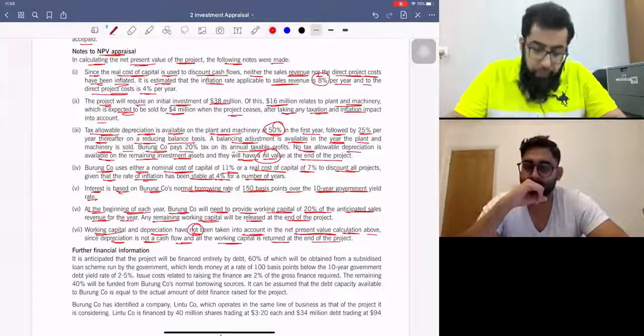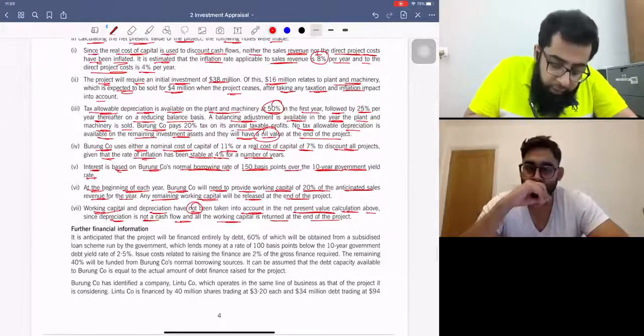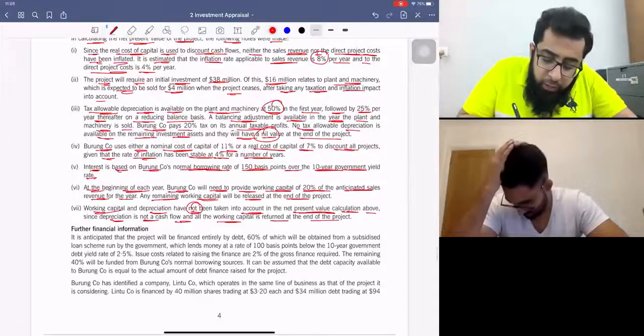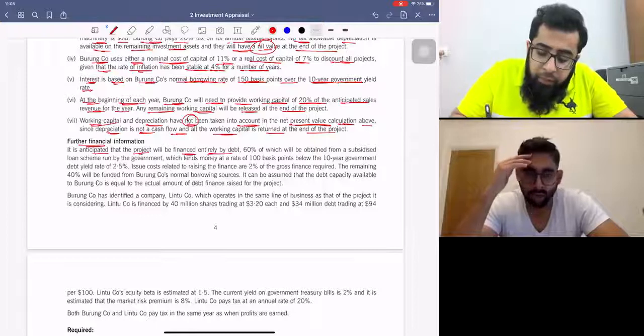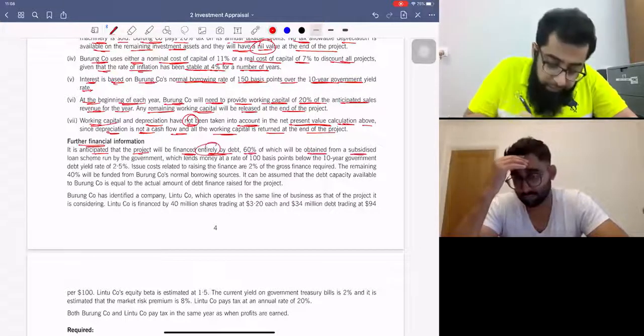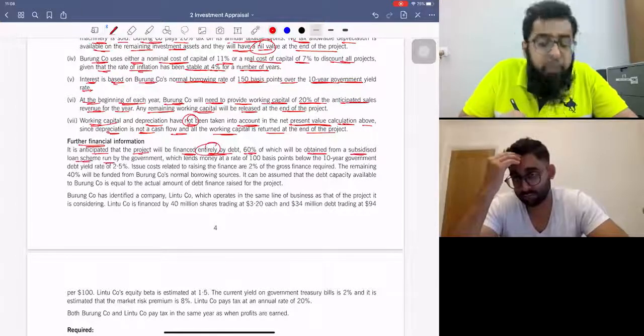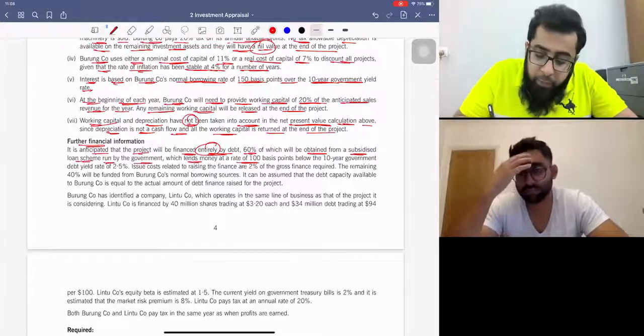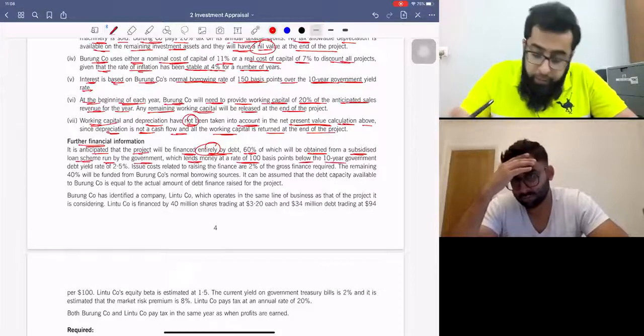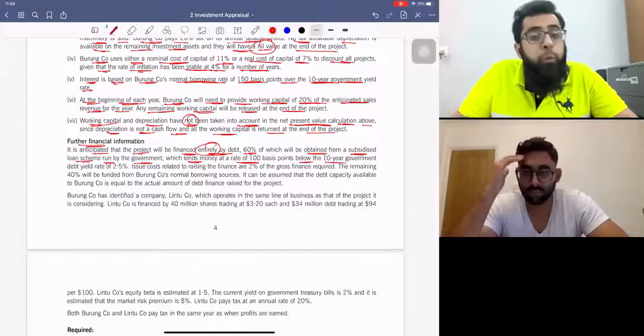Further financial information. It is anticipated that the project will be financed entirely by debt, 60% of which will be obtained from a subsidized loan scheme run by the government, which lends money at a rate of 100 basis points below the 10-year government debt yield of 2.5%.